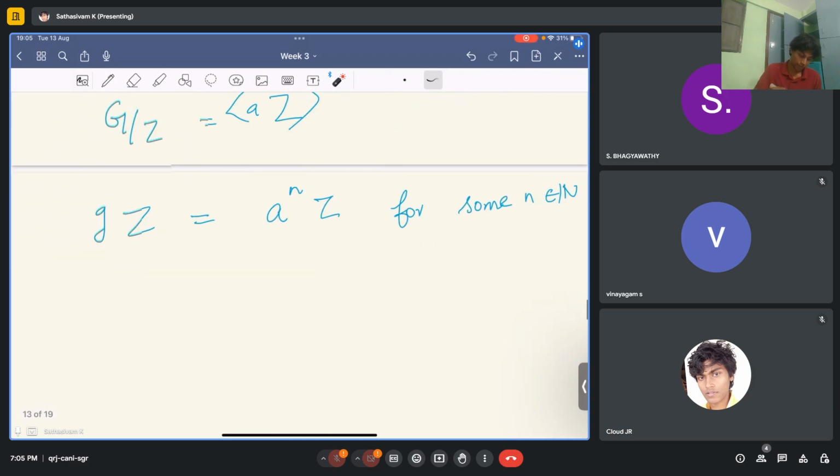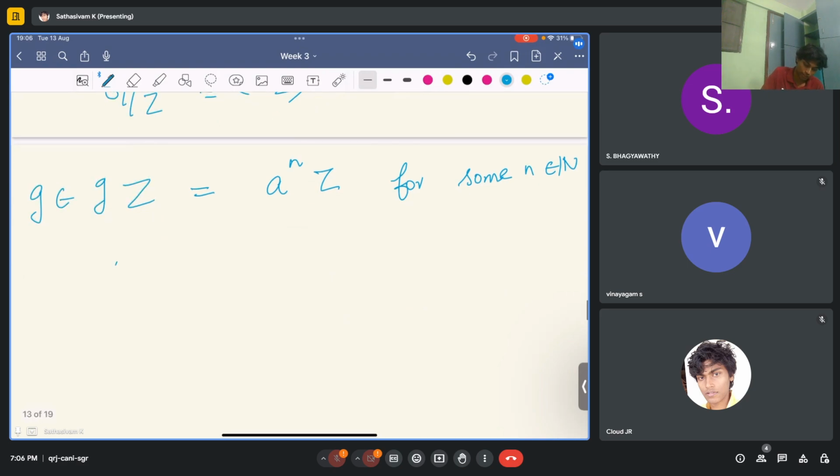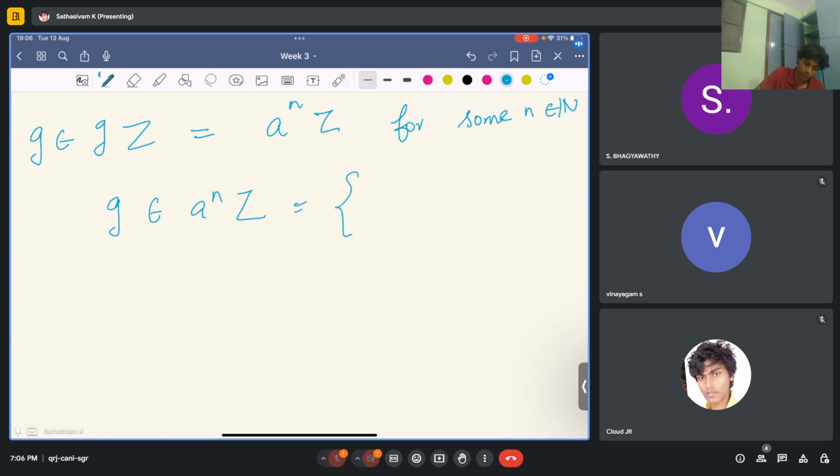Now what happens is GZ is this element. As a set, these are the same, right? Now this G belongs to this set. So that means G also belongs to A power n Z, right? So how does A power n Z look like? A power n small z, so that this small z is contained in your center.